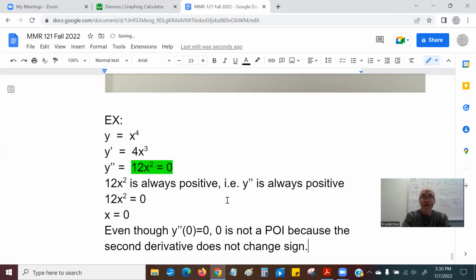So just because I have a 0 second derivative does not automatically mean I'm going to have a point of inflection.